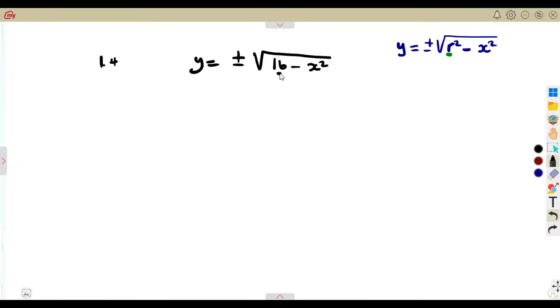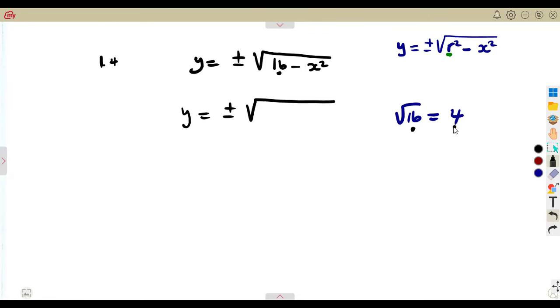So meaning to say from this 16, what is our radius? How can you write 16 as a number to the power of 2? You simply need the square root of 16. The square root of 16 is 4. So this here can be written as y is equal to plus or minus the square root of this 16 as a number raised to the power of 2.